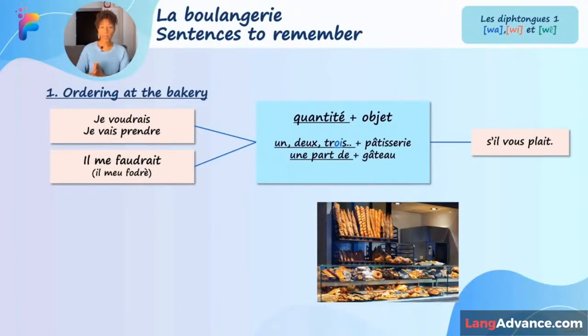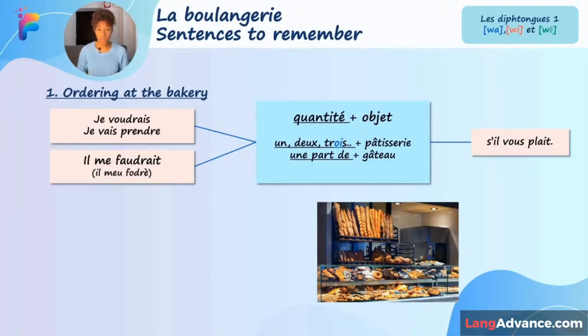Je vais prendre is I'm going to take. Il me faudrait, I'm going to need. Then you'll add the quantity and the actual thing you would like to order. And to finish the sentence, you will add s'il vous plaît.